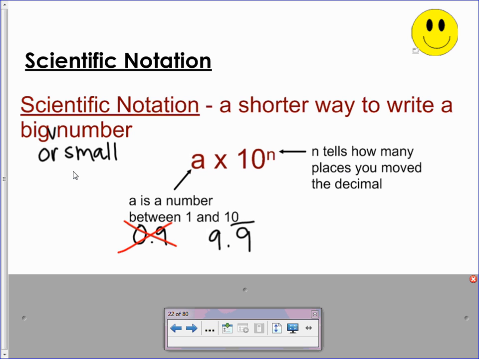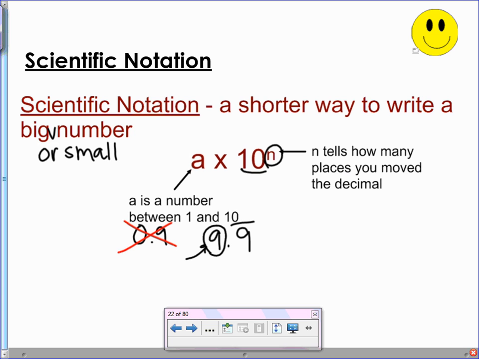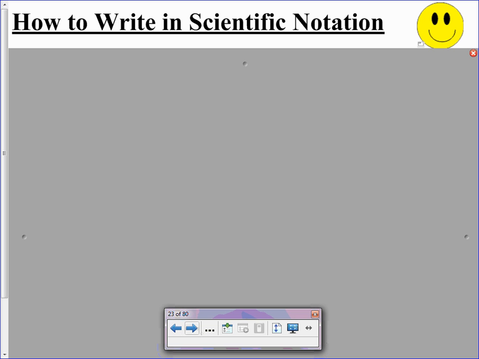Either way, this number has to be a single digit to the left of the decimal point. And then it will always be multiplied times 10, but this nth power will tell you how many times you moved your decimal. It could be positive or negative depending on whether you moved right or left. And we'll talk about that next.